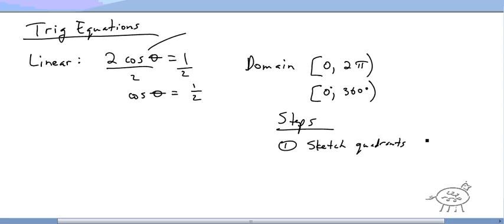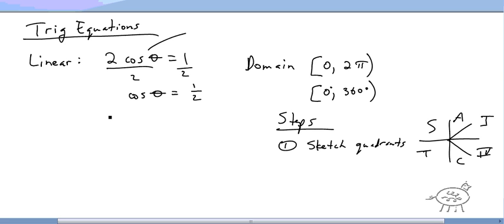Cosine is positive here, so where is cosine positive? Cosine is positive here and here, because remember, all students take calculus. So we know we're going to be in quadrant 1 and 4.